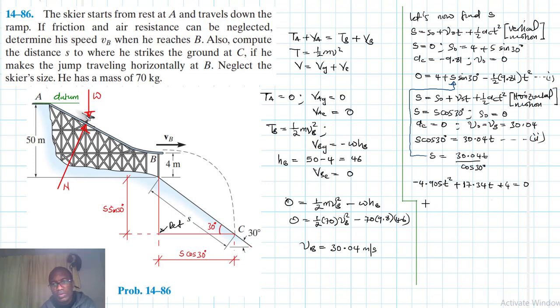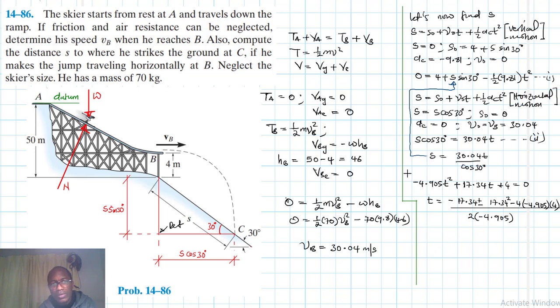In solving this, we are going to use the quadratic formula. So we'll have t equal to minus b, which is 17.34, plus or minus the square root of 17.34 squared minus 4ac, with a being minus 4.905, all divided by 2a.